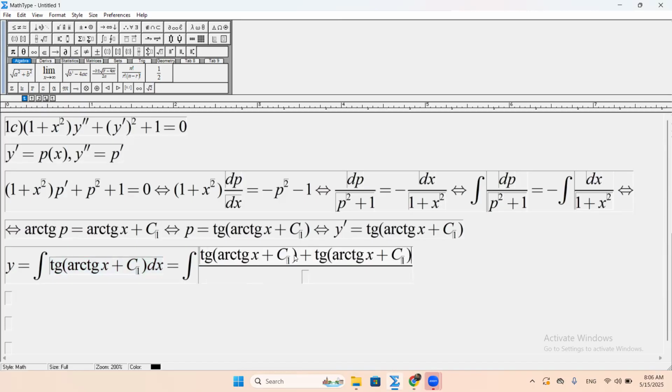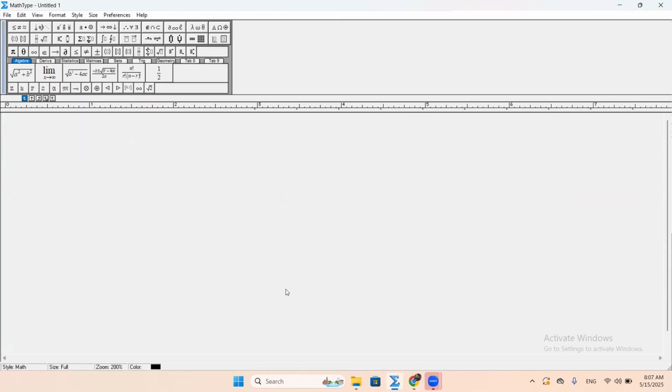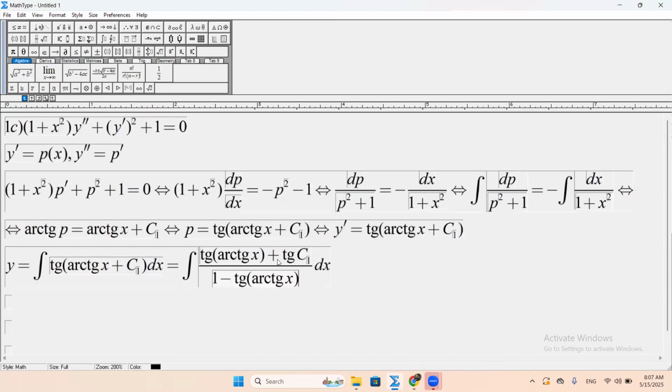In the numerator, tangent of arctangent x plus tangent of C1, and 1 minus tangent of arctangent x plus tangent C1, multiplied by tangent of C1.